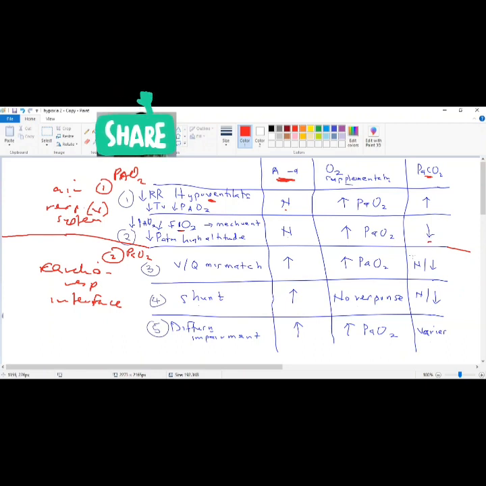But if ventilation is the problem, air doesn't change, right? It's constant, so my CO2 will accumulate. I'm not going to blow it off. But if the air is the problem, the respiratory system will compensate by hyperventilating, and then that will blow off CO2, right? And you're going to see low CO2 level. So that's how you solve the similarity between 1 and 2.